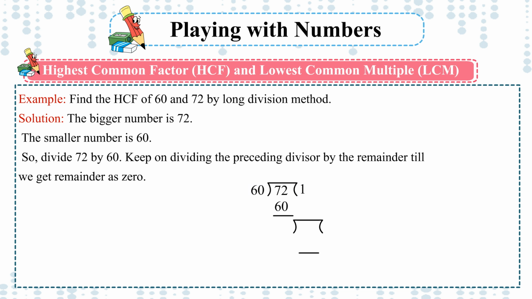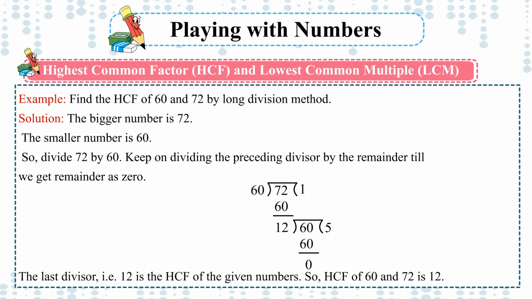So, we get the remainder 12. Next, 60 divided by 12, 12 multiplied by 5 is 60. So, we get the remainder 0. The last divisor, that is 12, is the HCF of the given numbers. So, HCF of 60 and 72 is 12.